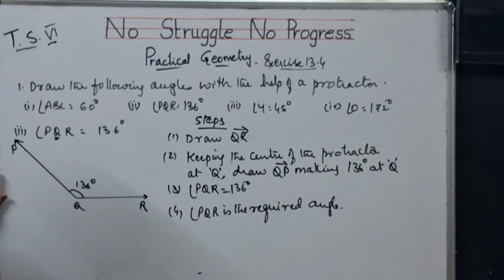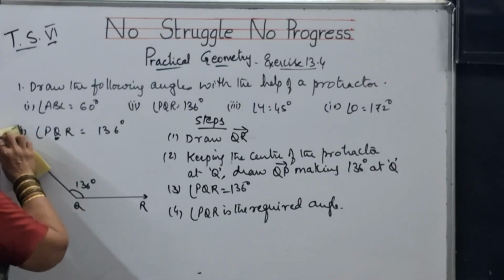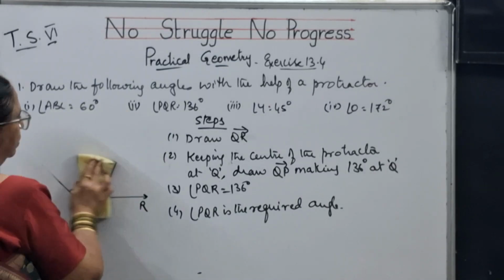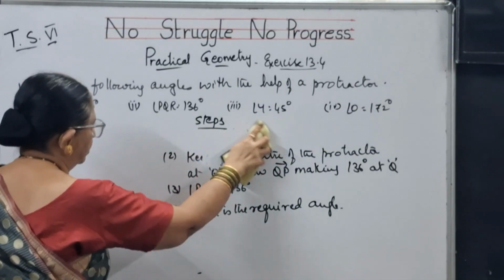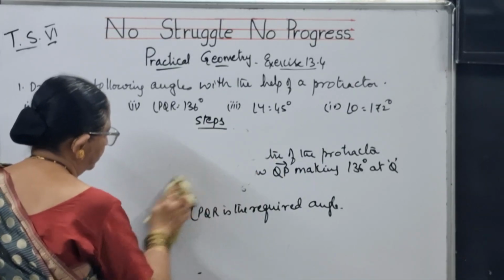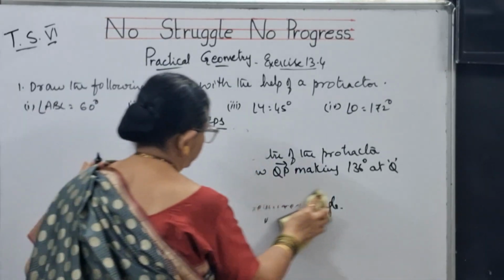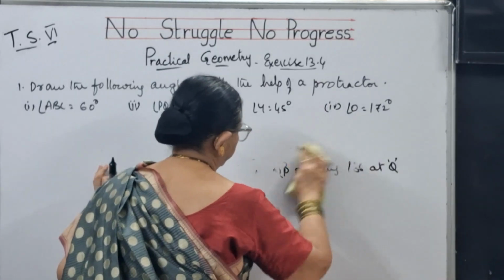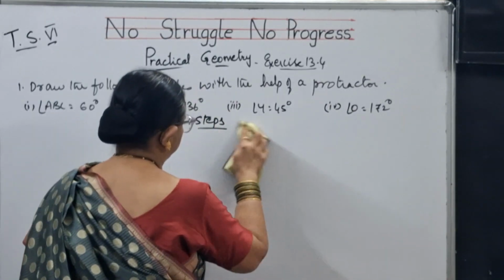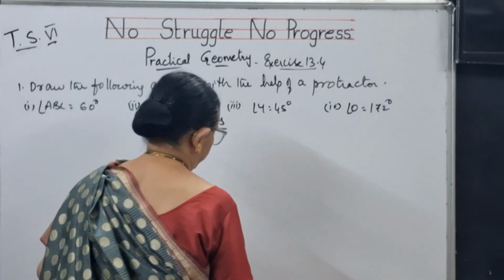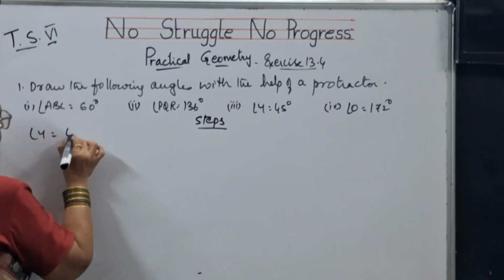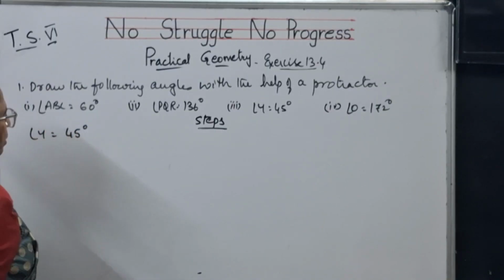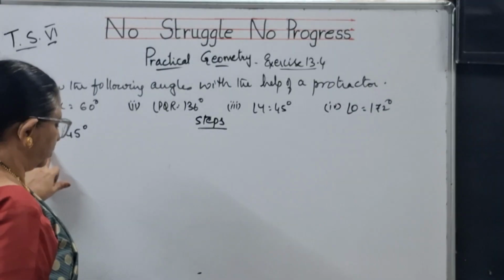Okay, this is about 136. And let us see the next one, that is third one. I'll write steps totally mentioned. You might confuse if I rub like that. So angle Y 45 degrees. Angle Y means what, children?